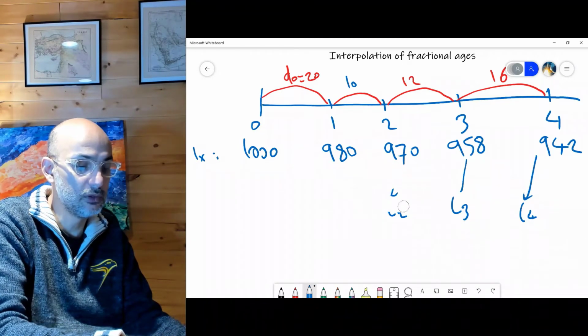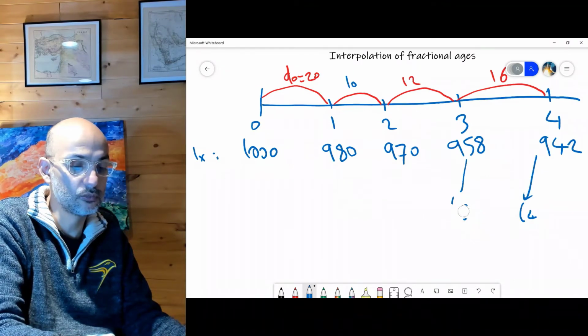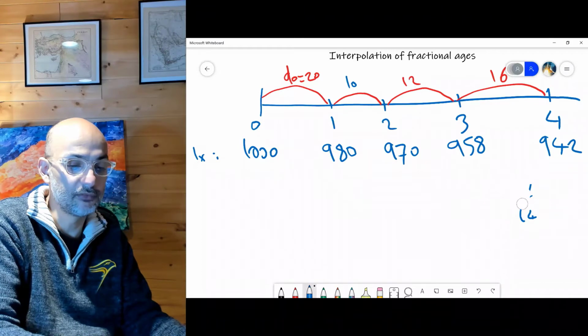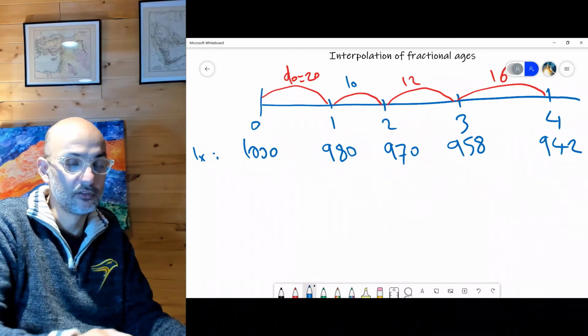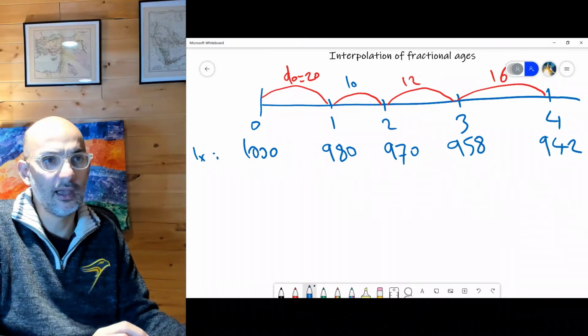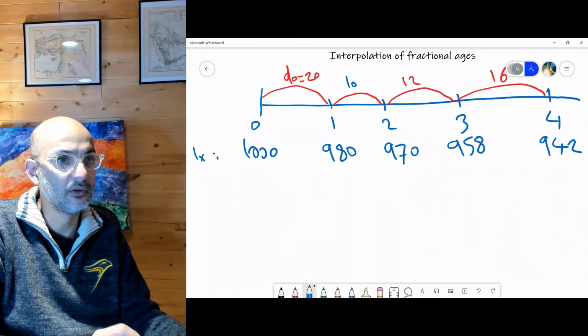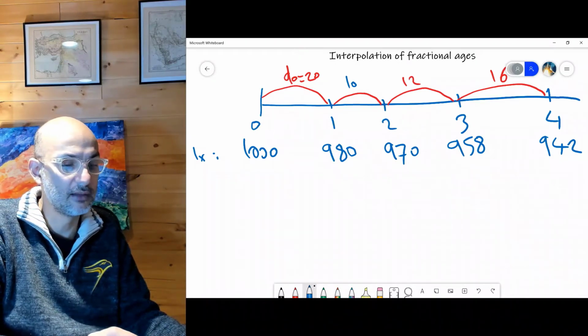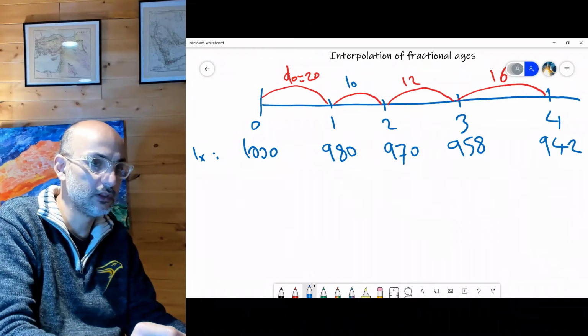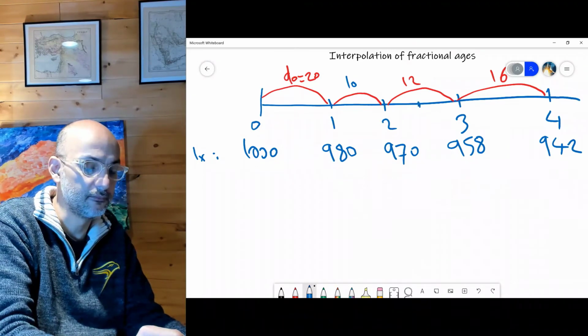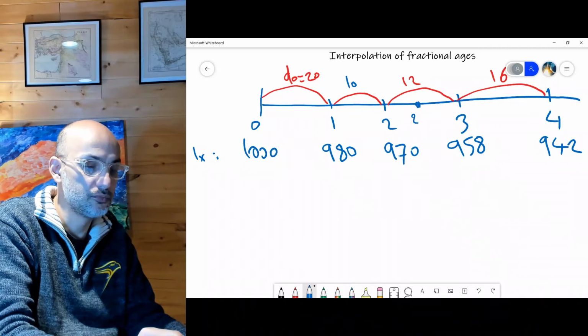But now what we wanted to introduce is what the cohort will be in a fractional period. So instead of the cohort at time 2 or at time 3, or at a different time, let's see what if you wanted to have it here, 2.6.